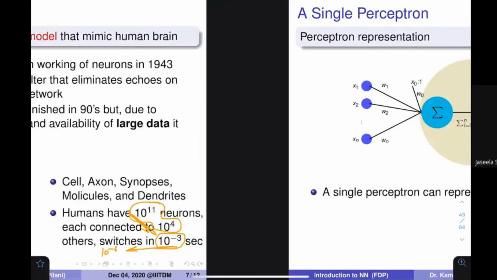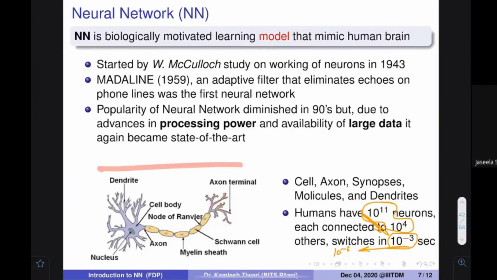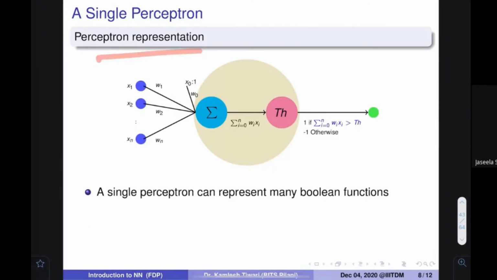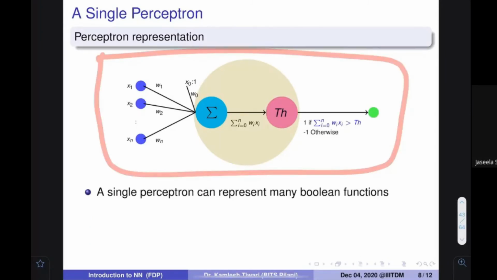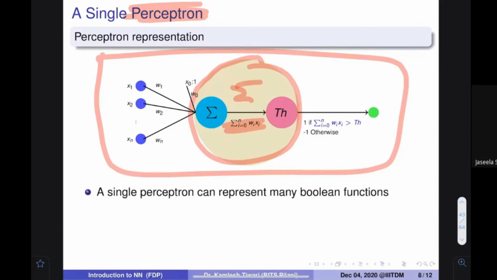So this biological one, people tried to utilize in the computer science domain, and they came up with this kind of architecture that I just told you, that is a perceptron. And in the perceptron, we have seen just now that there is some unit, and this unit does the summation of these values. With input values, there are some attributes x1, x2, x3 that are coming.